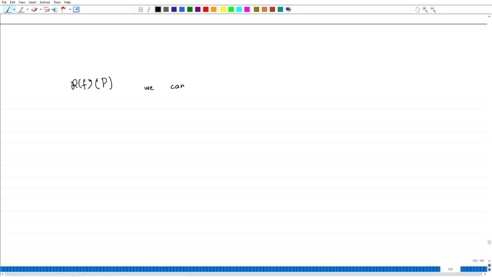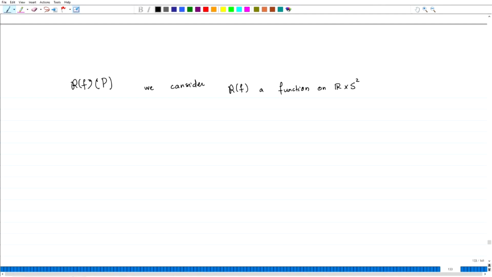So, for a given function f in the Schwarz space, Rf is a map from R cross S^2 to C. So, we can consider Rf a function on R cross the unit sphere S^2, because every plane can be written in terms of p_t(gamma) for a fixed vector gamma and t. So, Rf can be thought of this way.